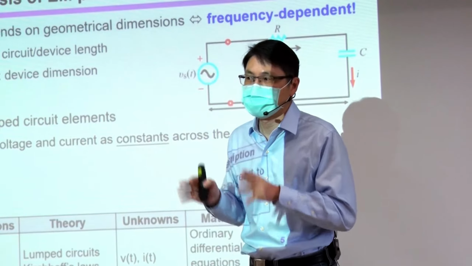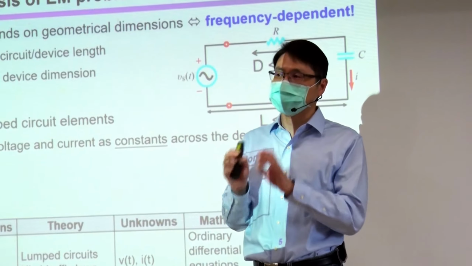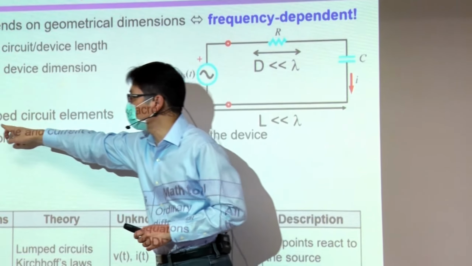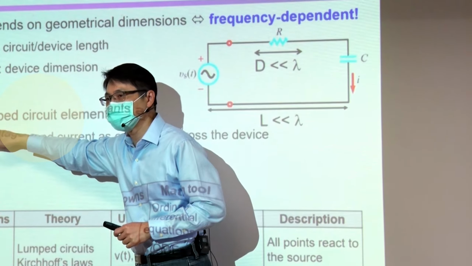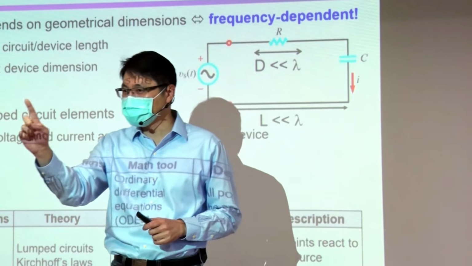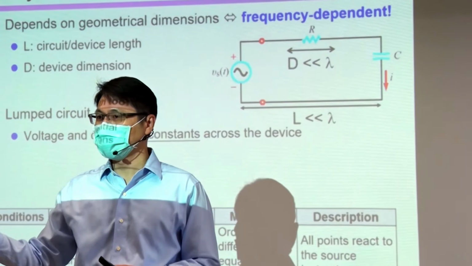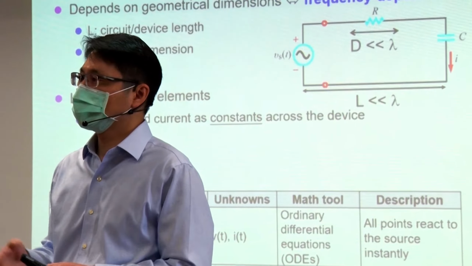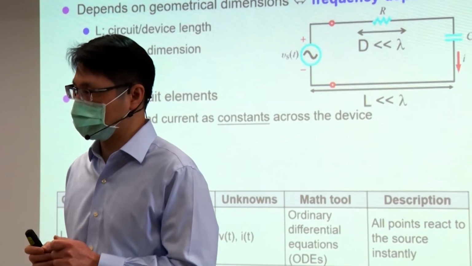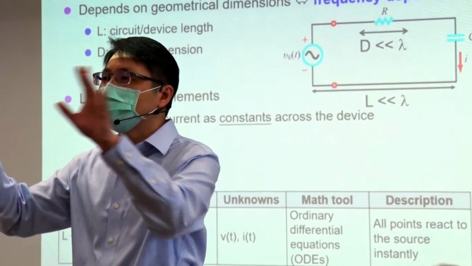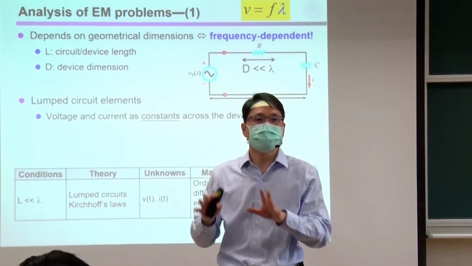In the past, in electric circuits, you always assumed, do you still remember hearing this terminology? Lumped circuit element assumption. In the first chapter of every electric circuitry textbook, the first assumption being made is that you're working in the lumped element assumption.